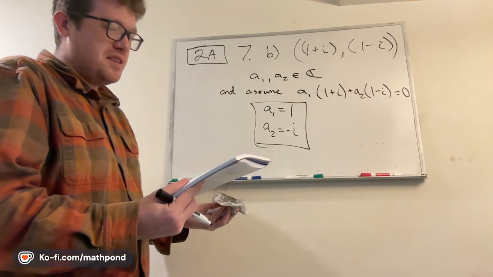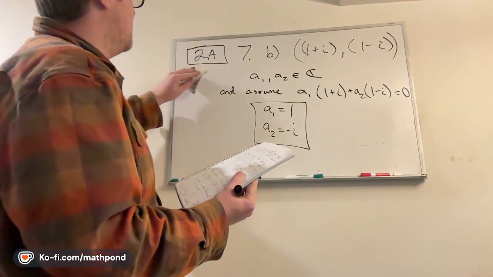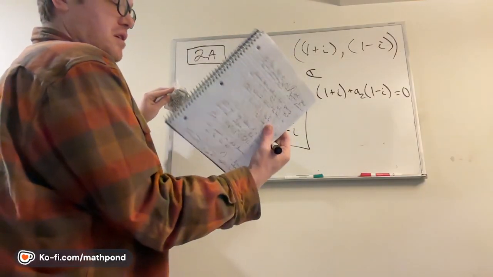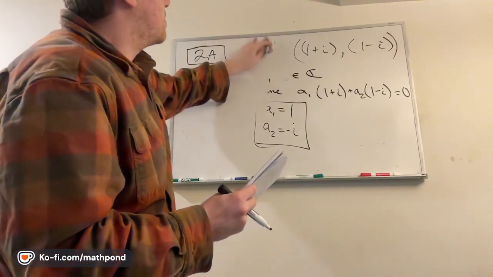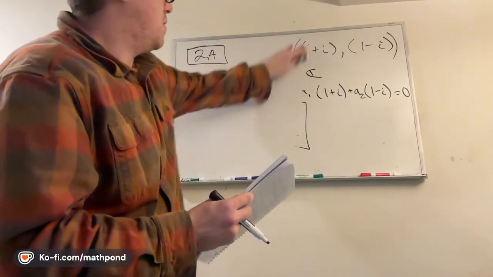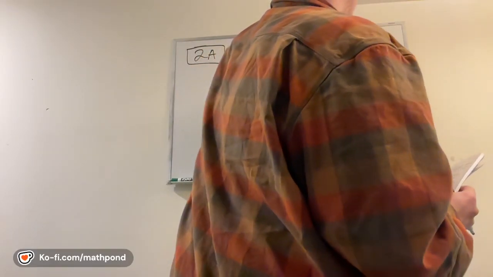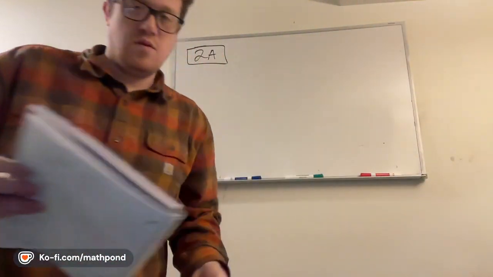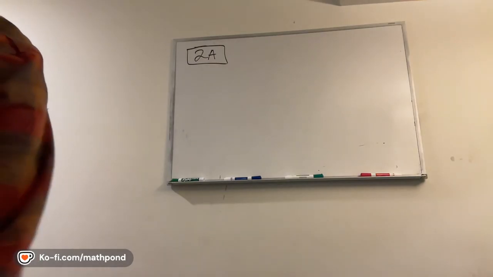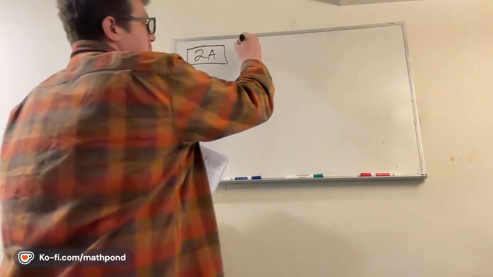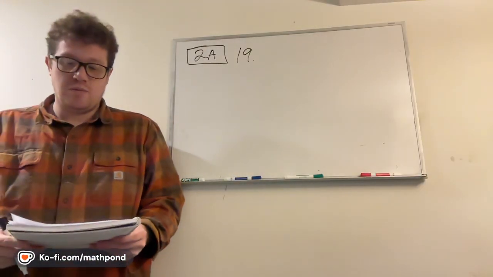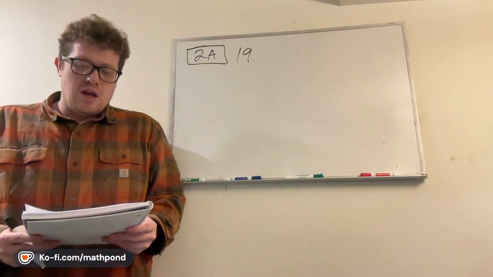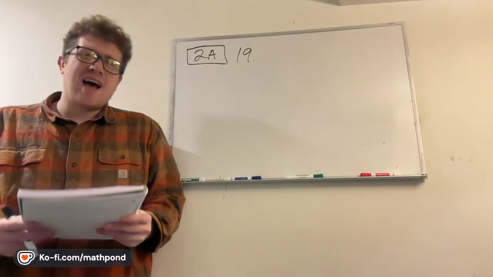Okay, so 19. Right. This is the same section, I think. Yeah, 2A still. Okay, so this is problem 19. And I picked this problem on purpose because of the way Axler proves things.